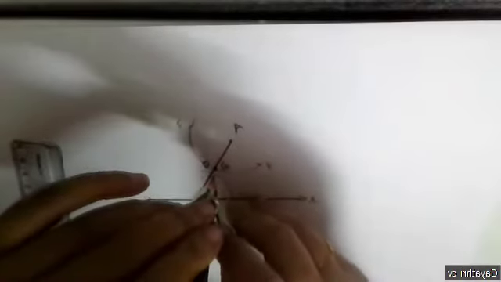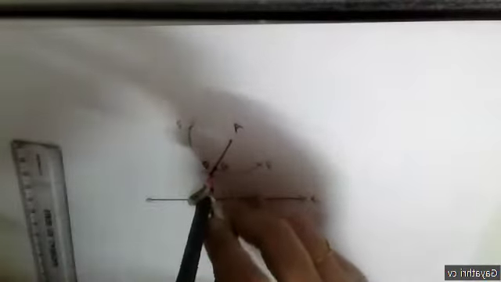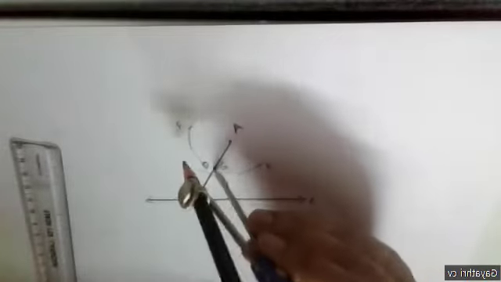Now, keep the compass at C and measure this length CD, the length of this arc CD. Once you have measured this, with G as center, cut an arc on this arc FE. I just measured the length CD like this and kept it here and cut an arc.